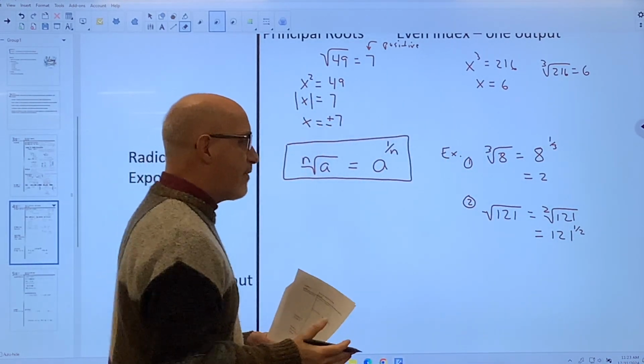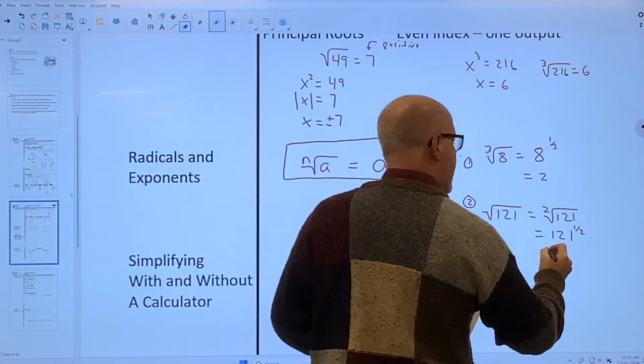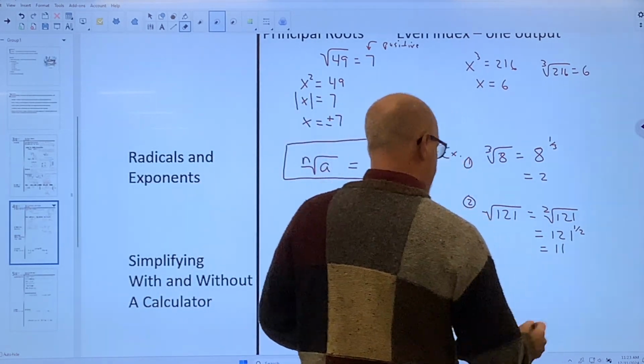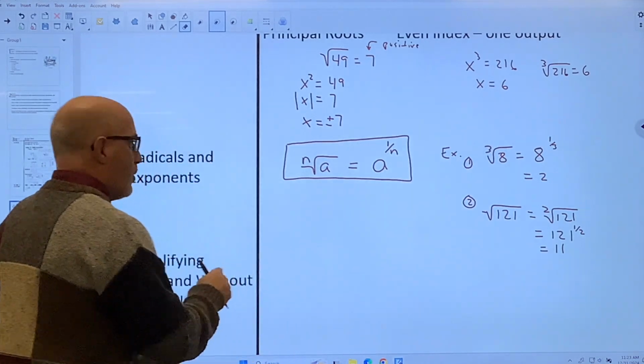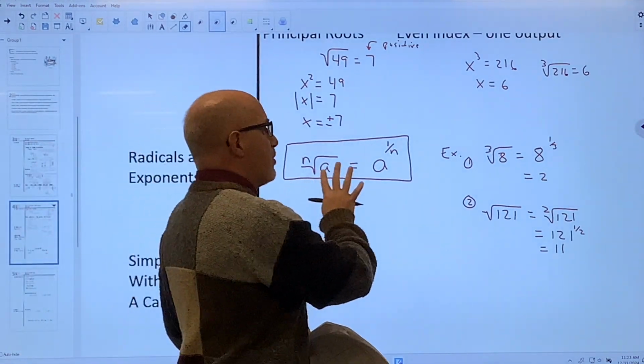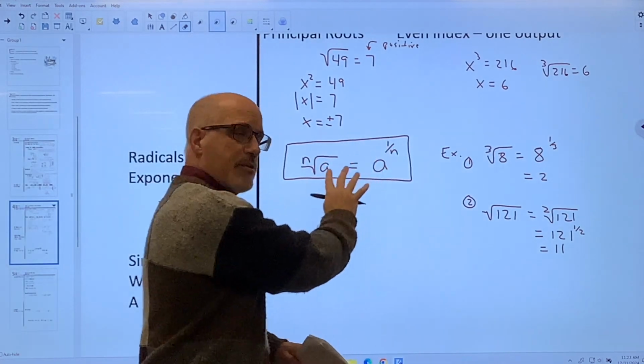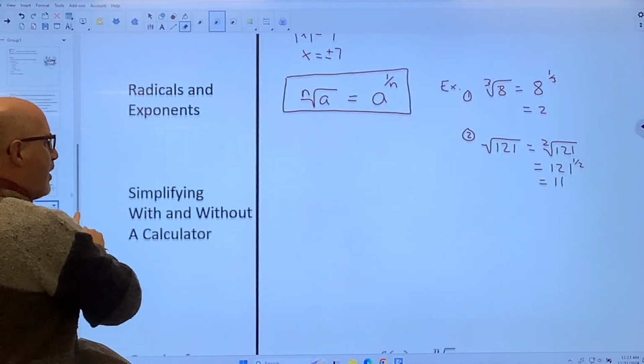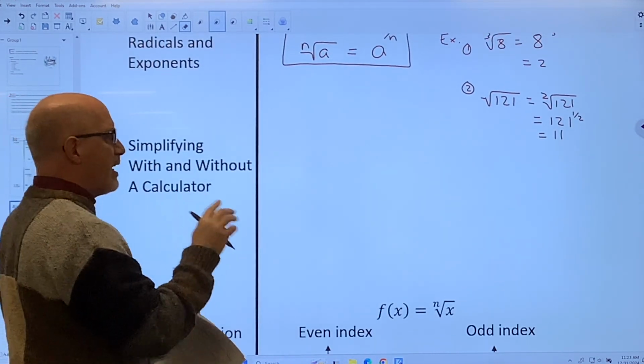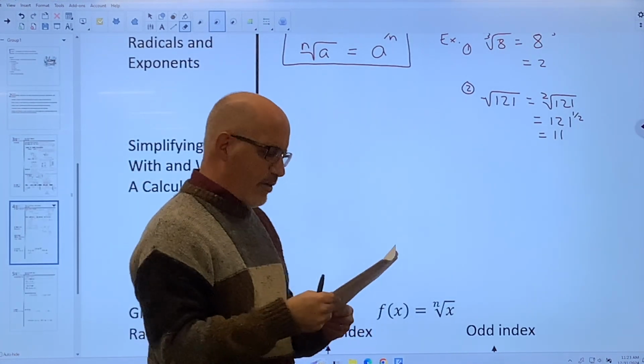You used 1/2 or 0.5, and that would give you an 11. All right, so that's what you want to make sure you make a connection between the radical notation and the exponent notation.